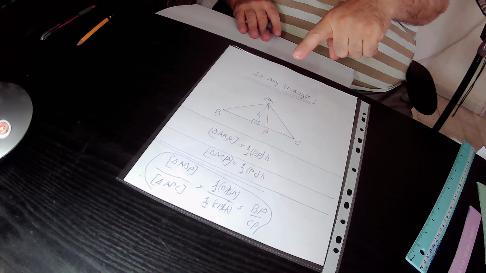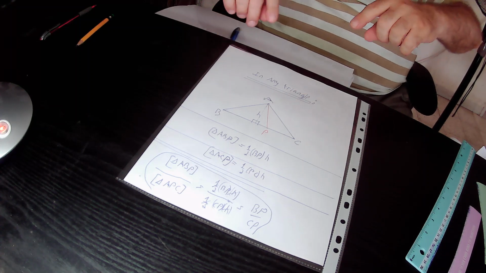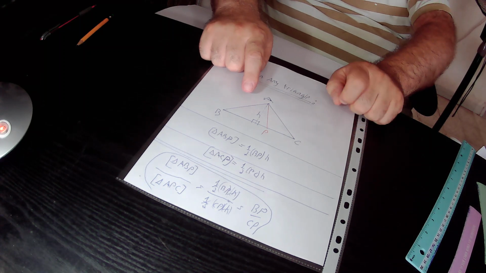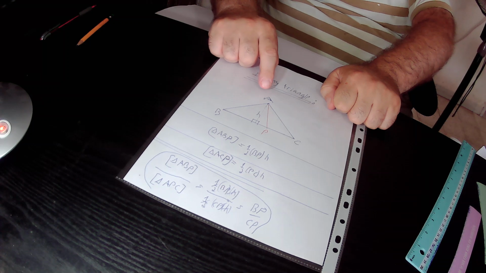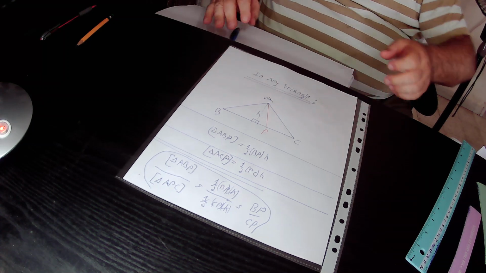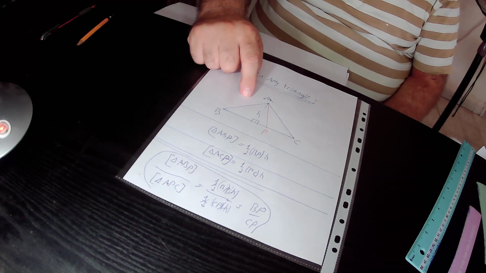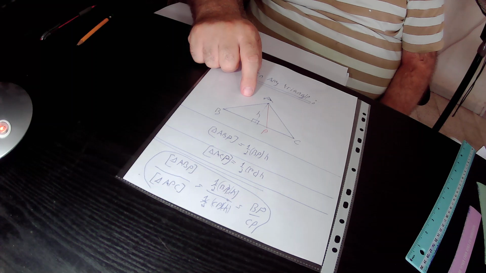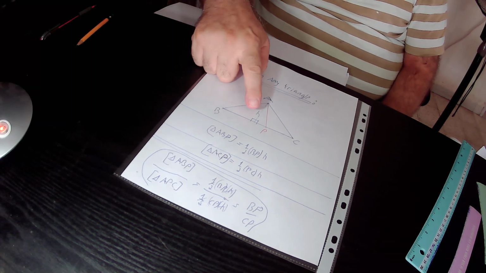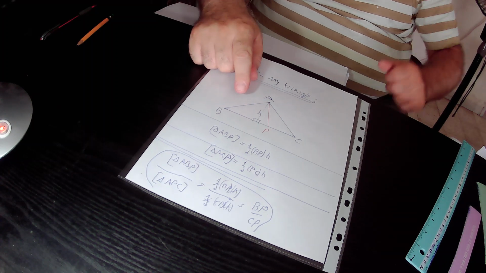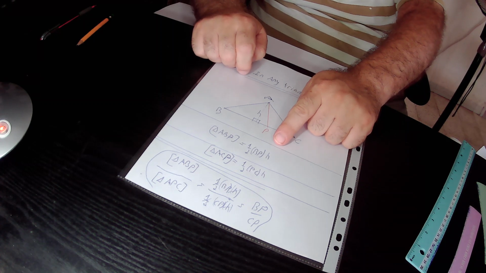If we draw the red line segment AP, it will divide this triangle ABC into 2 parts. The first part is triangle ABP and the second part is triangle APC. The area of triangle ABP equals the base BP times the height edge over 2.